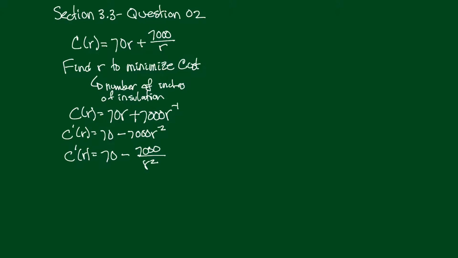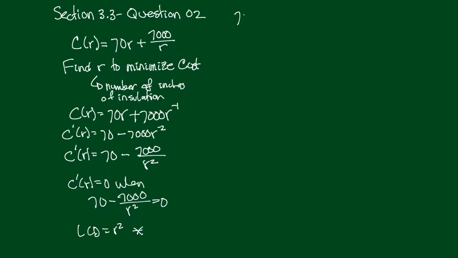Now let's set this equal to 0. So C prime of r equals 0 when 70 minus 7,000 over r squared equals 0. So we can solve this by getting the LCD, which is r squared, and just multiplying everything here by r squared.